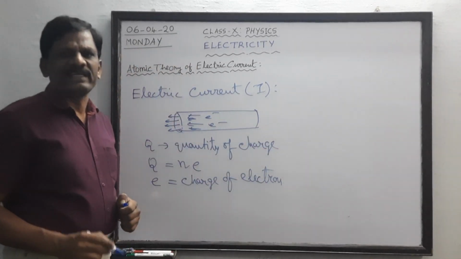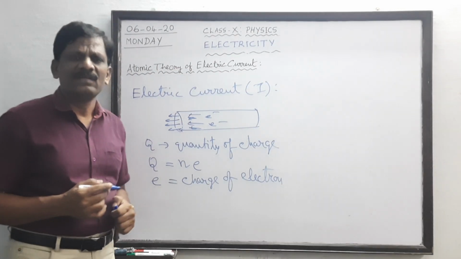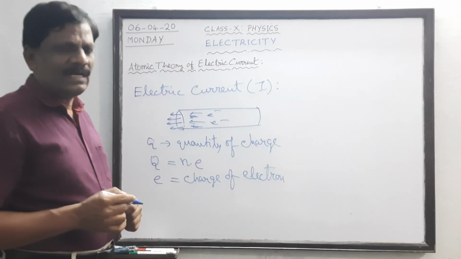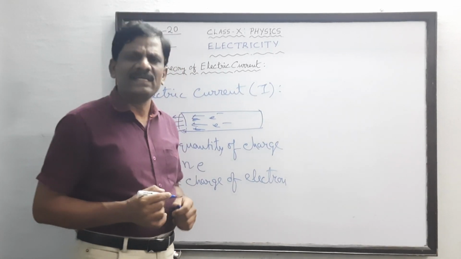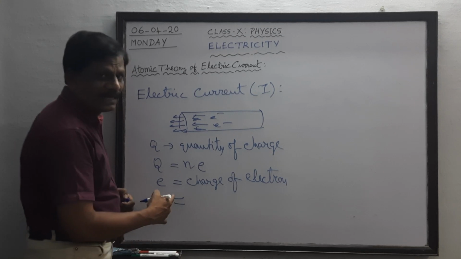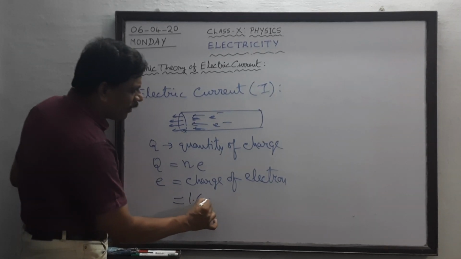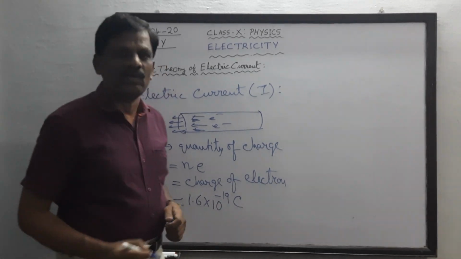What is the type of the charge the electron has? Is it positive or negative? Good, it is negative. And what is the unit of electric charge in the previous video we have seen? It is coulomb. Okay, good. So the charge of the electron is equal to what? 1.6 into 10 to the power of minus 19 coulomb.